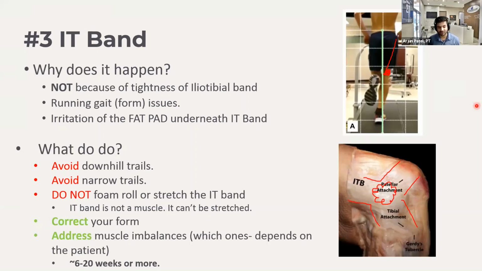I wasn't able to run for a whole summer. Versus I've seen cases where they're ultra marathon runners, and these issues only come in after they've run like 30-40 kilometers. So it very much depends on the patient. It can take anywhere from like 6 weeks to 20 weeks, really depending on how severe their symptoms are.